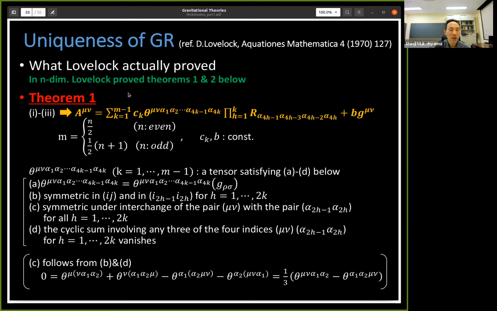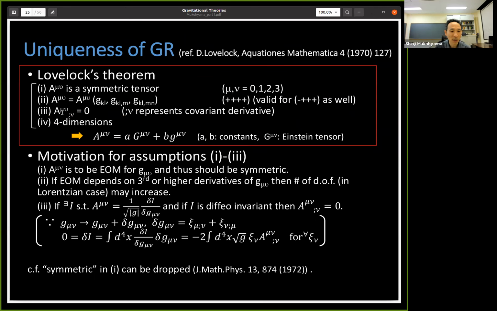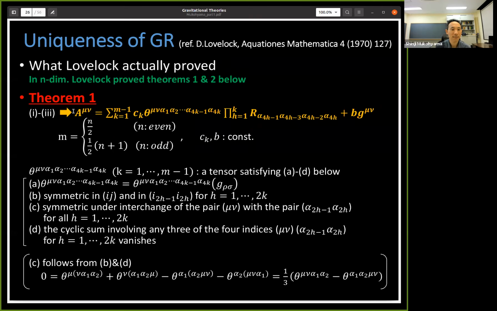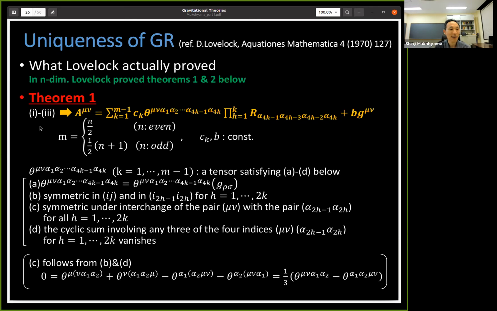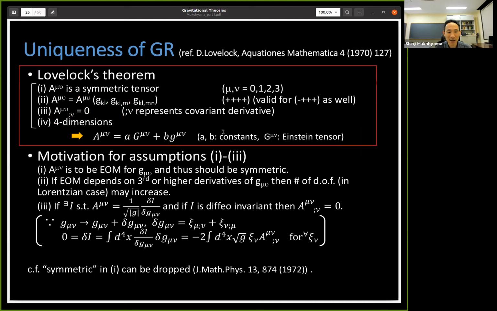Theorem 1 tells us that without assumption 4, with just these 3 assumptions, with k l converted to rho sigma, this is rho sigma alpha beta, then without specifying the number of dimensions, A mu nu is written this way. This is a bit complicated, but it is the same as before, a generalization of this part in any dimensions.